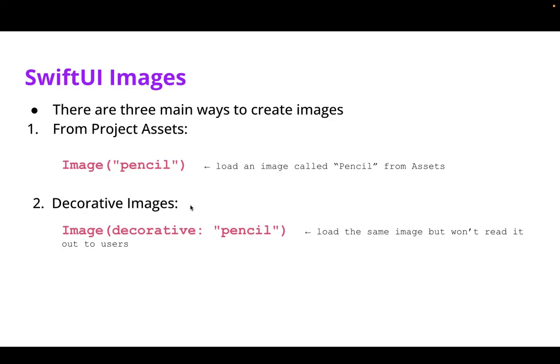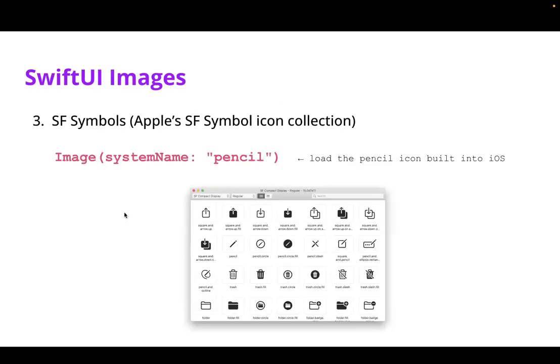Also, if we want to have an image that's more decorative, like a background, and we don't want it to be read out to users, then we can define it as being decorative. And then the third way is to use some of SwiftUI's default SF symbols from their icon collection.